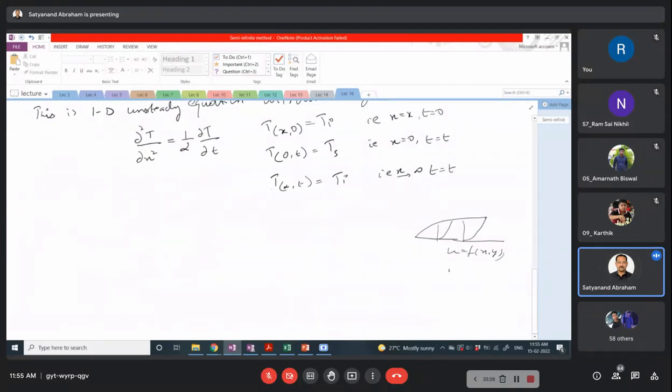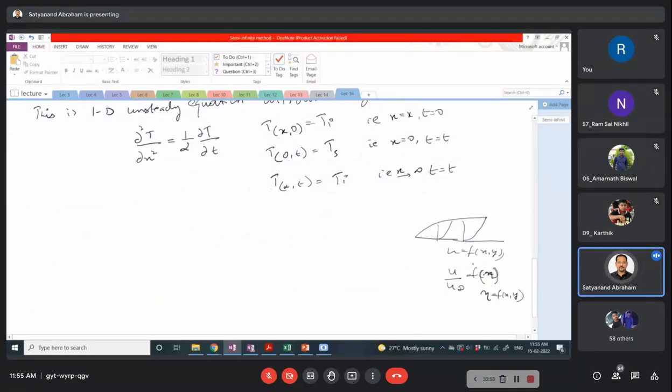Instead of solving for u as a function of x and y, you solved it as a function of a particular term eta, where eta is a function of x and y. But u by u infinity is a function only of eta.